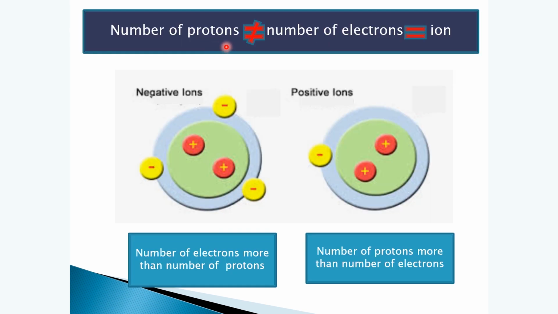If the number of protons is not the same as the number of electrons, an ion is formed. If the number of electrons is more than the number of protons, a negative ion is formed. If the number of protons is more than the number of electrons, then a positive ion is formed.